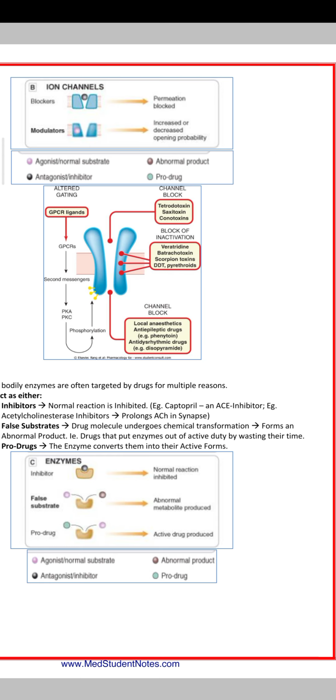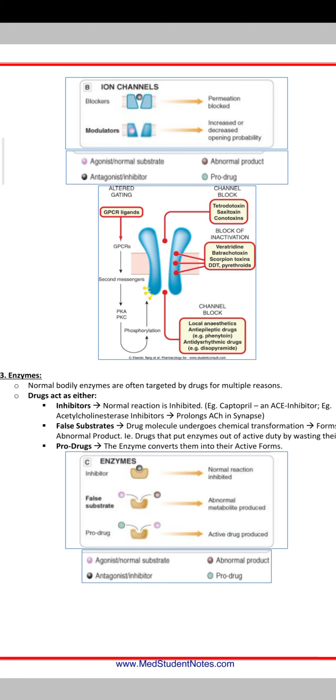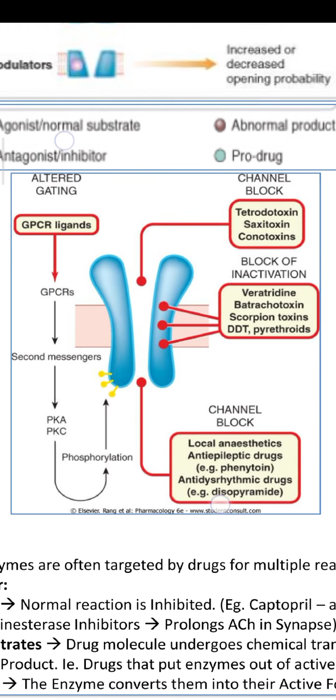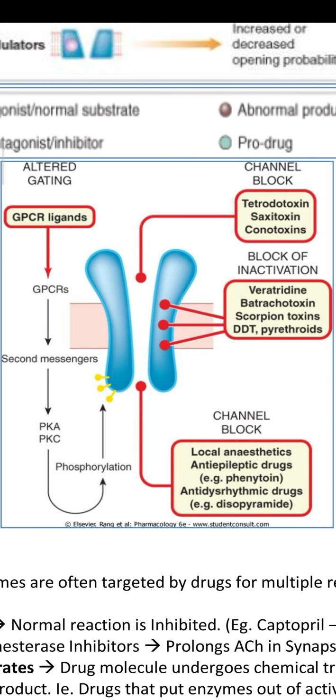In this we can easily study gating, how channel blocking, block of inactivation or channel block is done. So there is the altered gating method, the channel blocking method and block of inactivation: veratridine, batrachotoxin, scorpion toxin, and DDT pyrethroids.